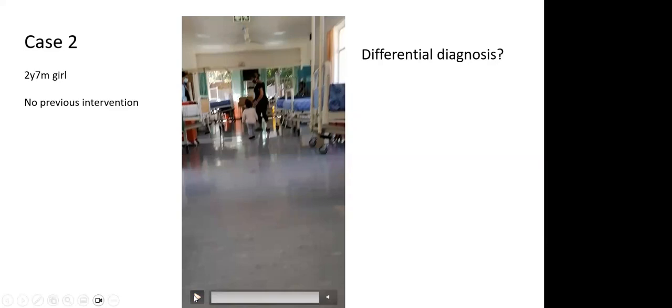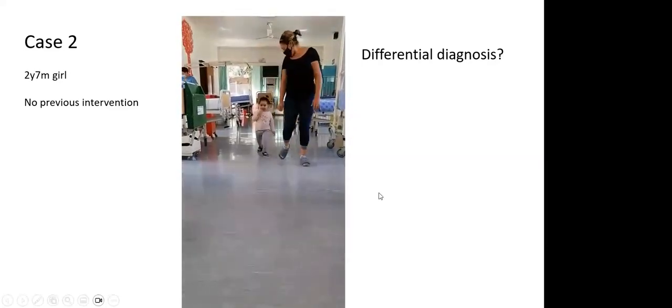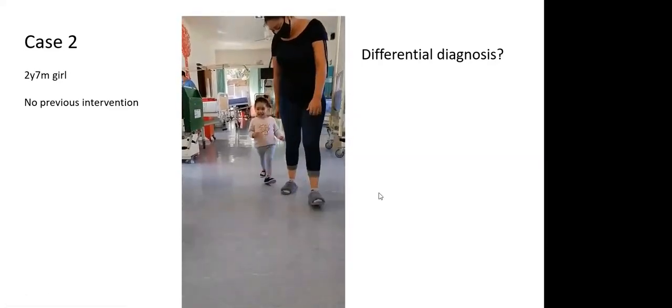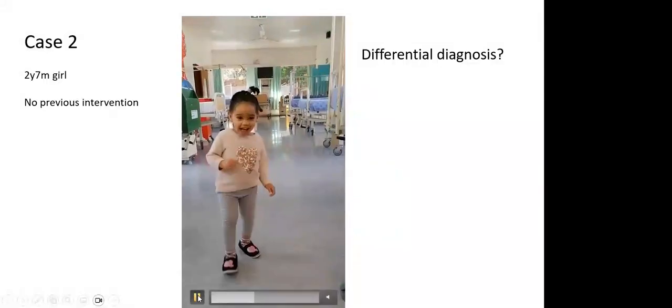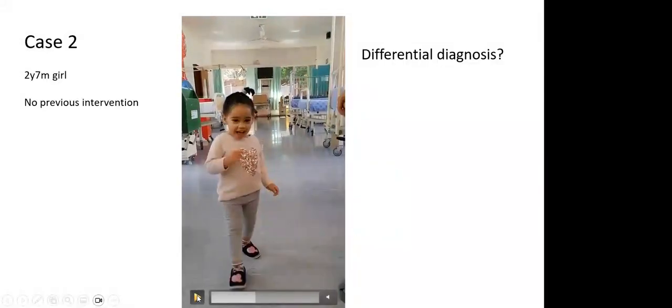So like we said, DDH in this case, and then a defective hip abductor mechanism.